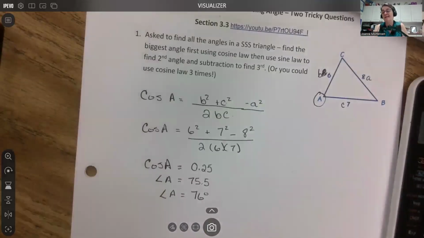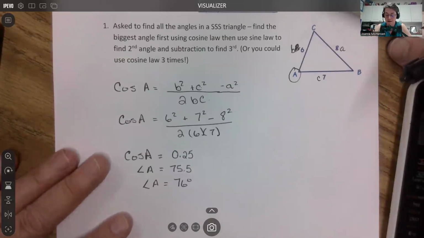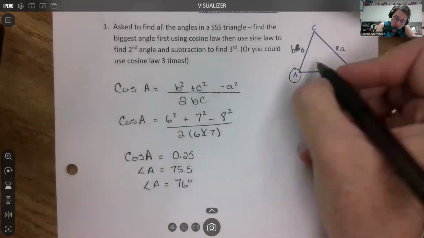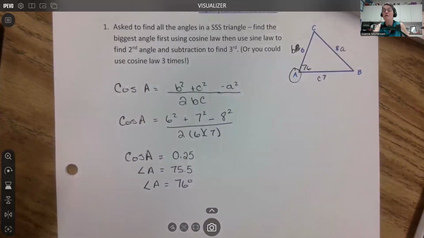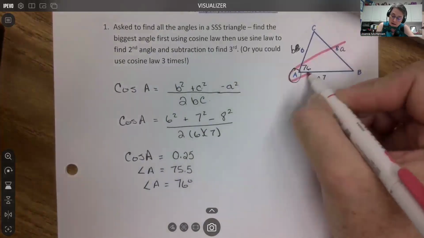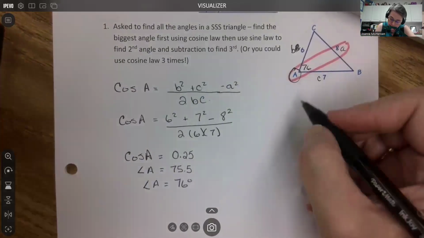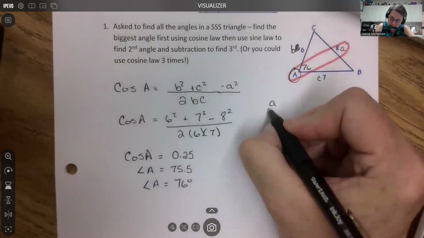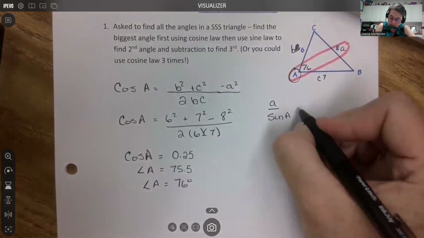And I know I didn't put anything in the question about how to round. It's okay. So now I have this, and I have a matchy pair. So now I can go A over sine A, and I'll do B just to get it done.